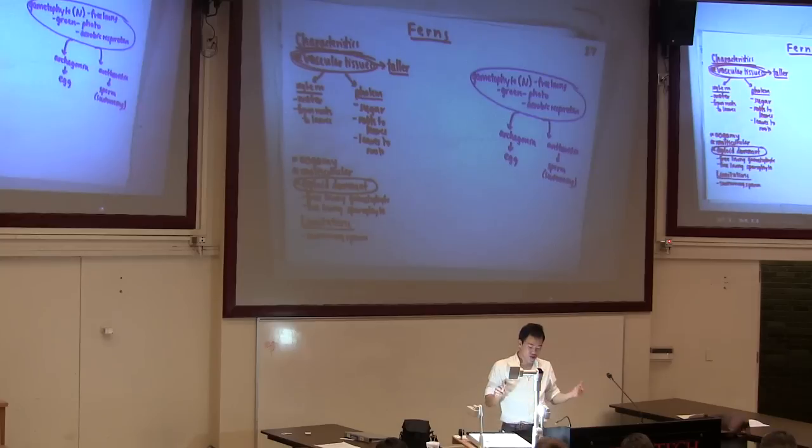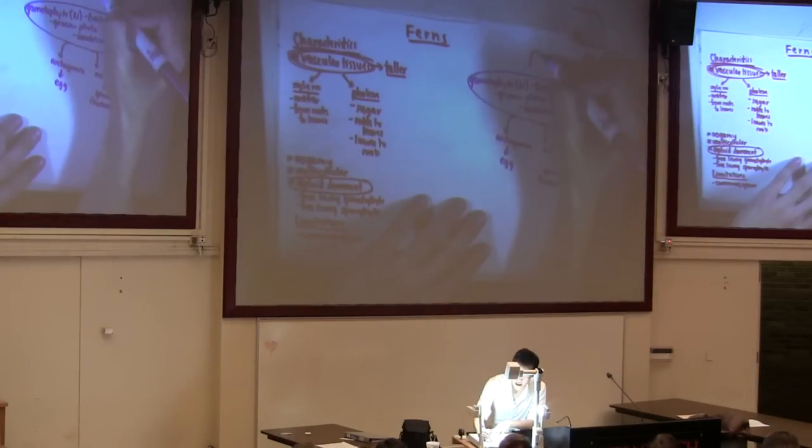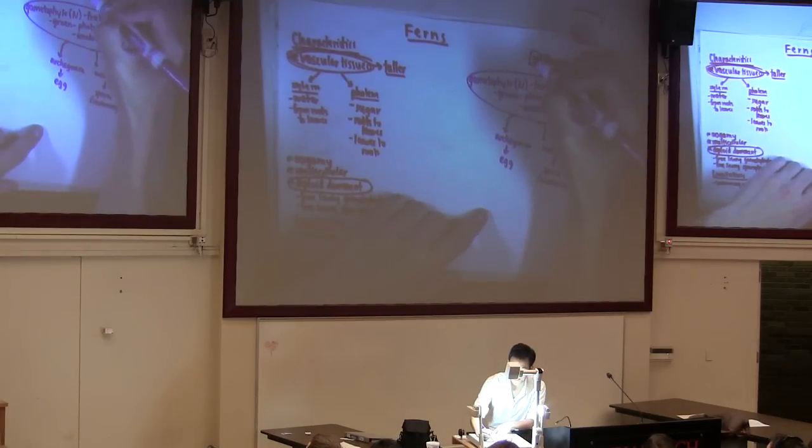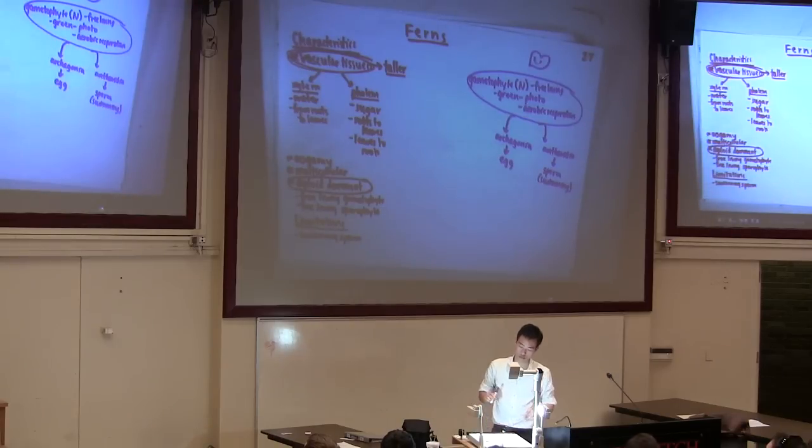And in most cases, on a single gametophyte you actually have both the antheridia and the archegonia, so that the sperm can just swim to the archegonia on the single gametophyte, right? So a lot of times, you're going to have the archegonia and the antheridia on the same one, so that makes it a lot easier to swim, right? Okay?